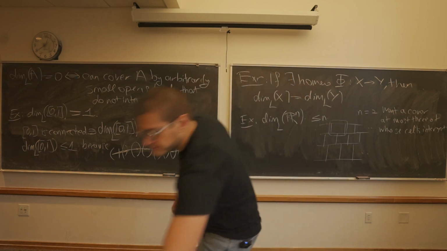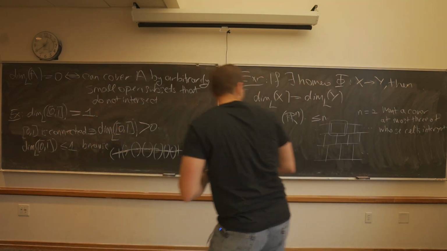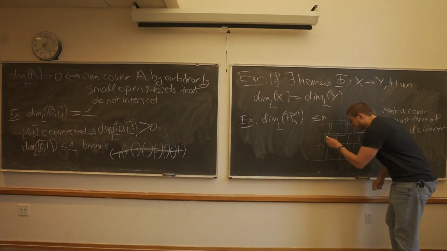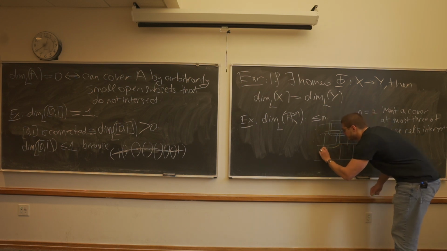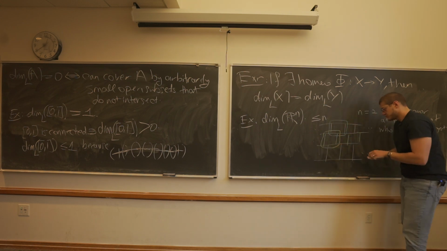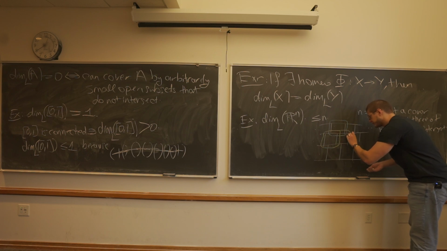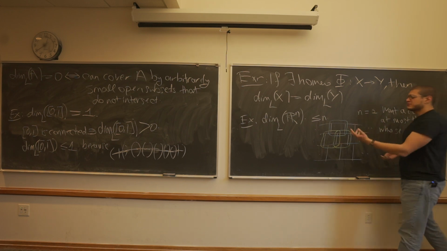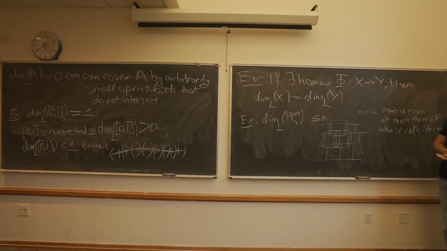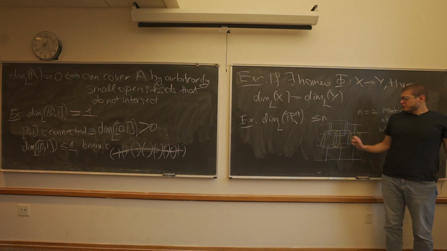Okay. And then, for instance, if I were to take this, it turns into something like this. And then this turns into something like this. And of course, as I'm doing this, I can take these cells to be arbitrarily small if I wanted. The point here is that any point on the plane sometimes is in exactly 2 cells.